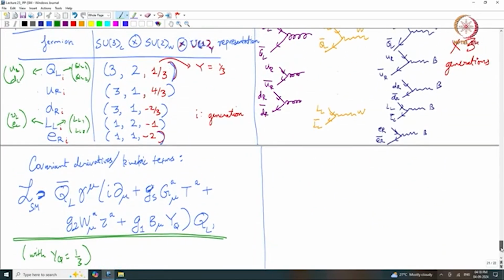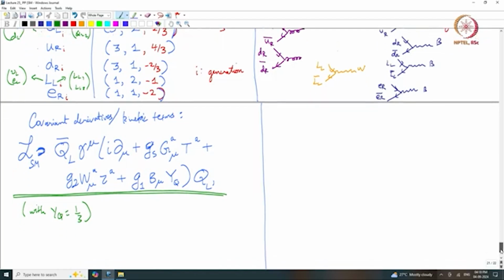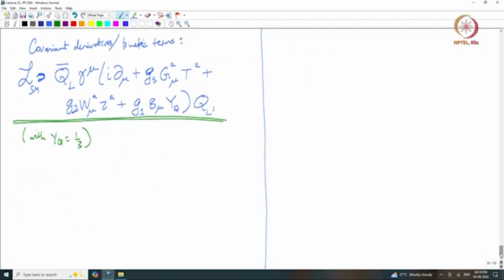Where are the fermion masses here? That's going to be the theme of the next 2 or 3 lectures. What about fermion masses? I'm going to say something about this and wrap up the lecture, and in the next lecture we will take up really what's going on with this.